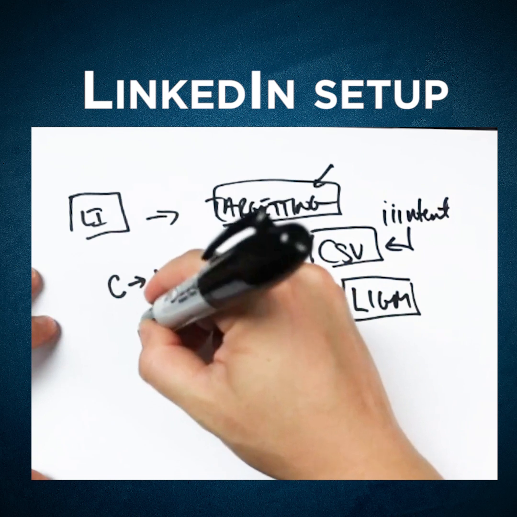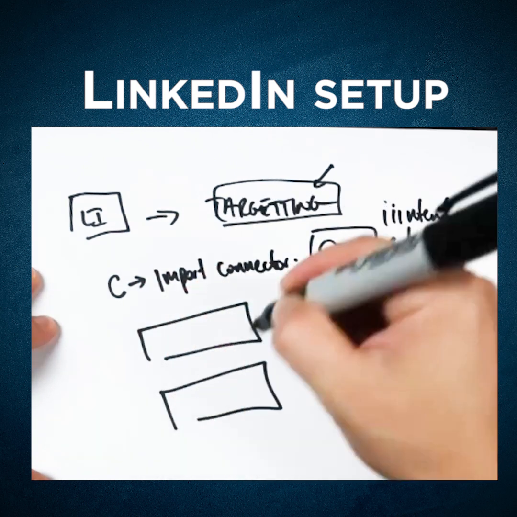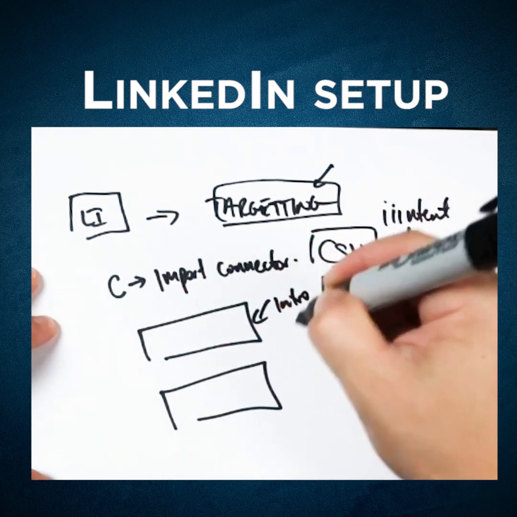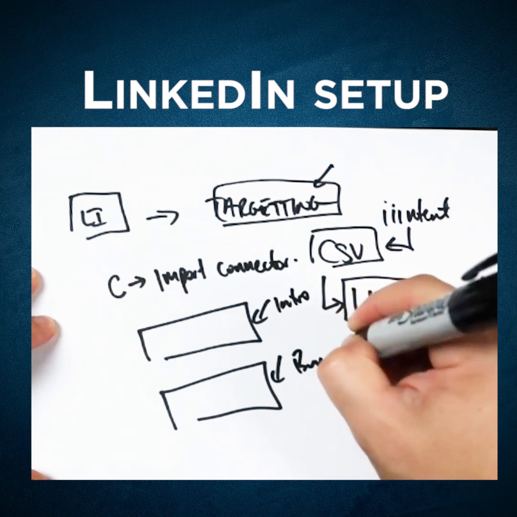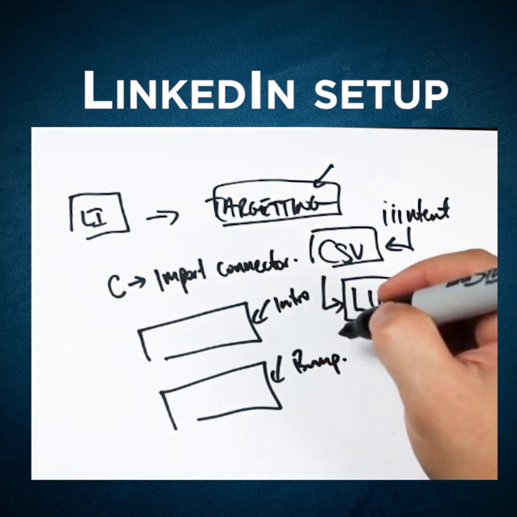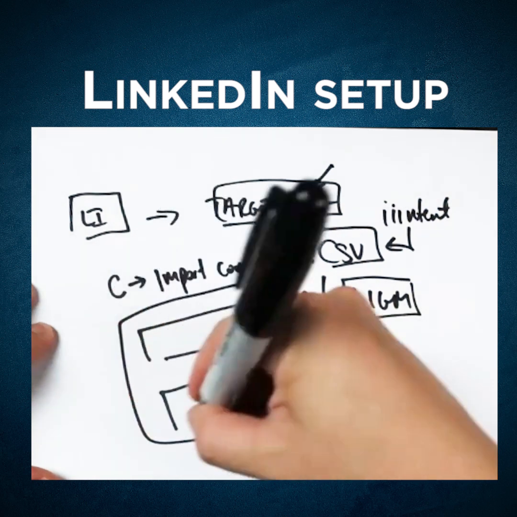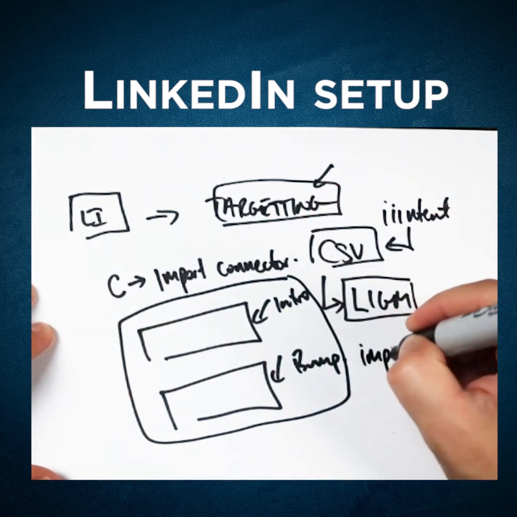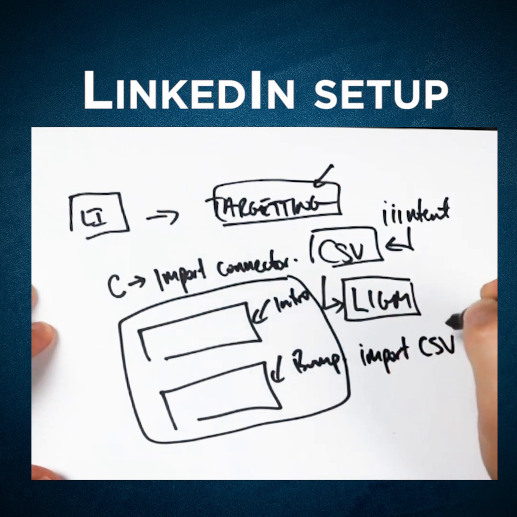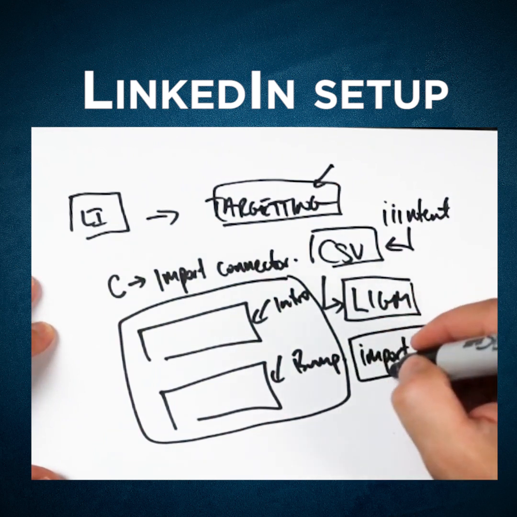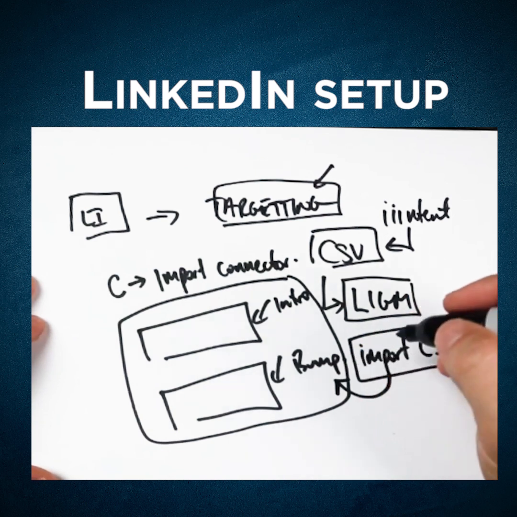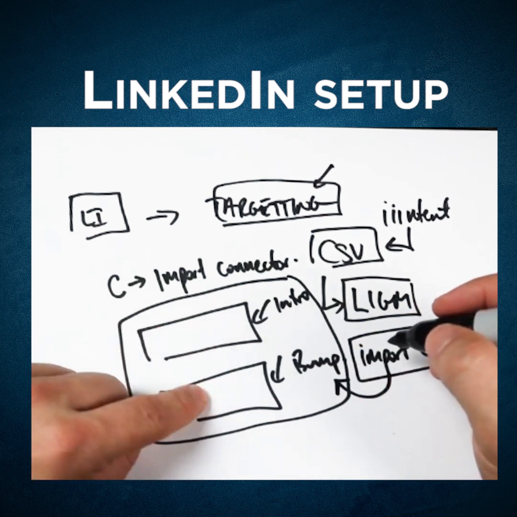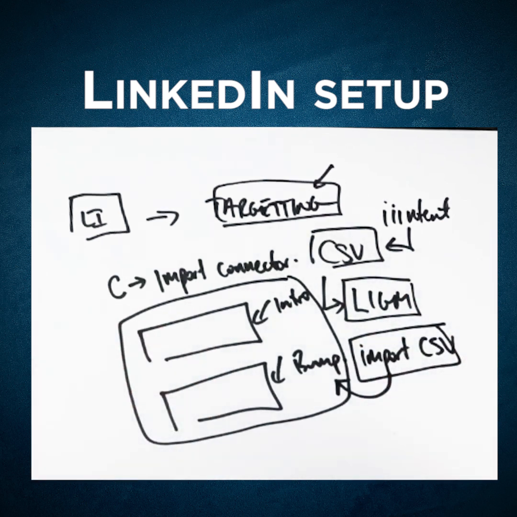You're going to have two different sets of copy: the intro message and then a bump message. You're gonna write both of these. Then there's gonna be a button that says import CSV. You're going to click it and upload the whole list to this intro and bump message. That's an overview of how this works.